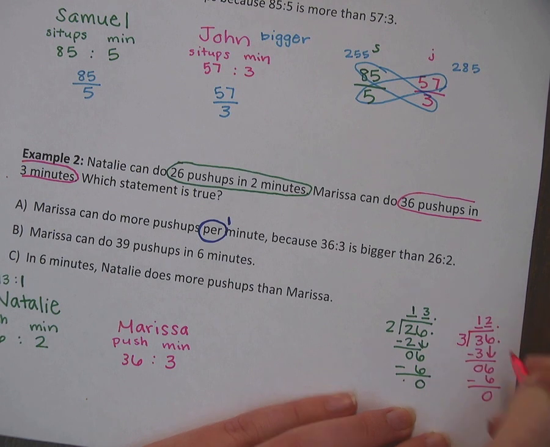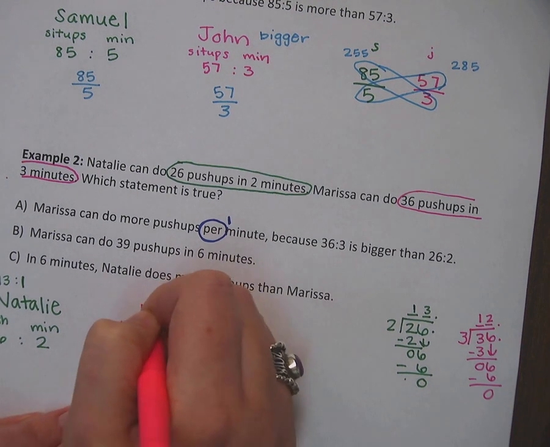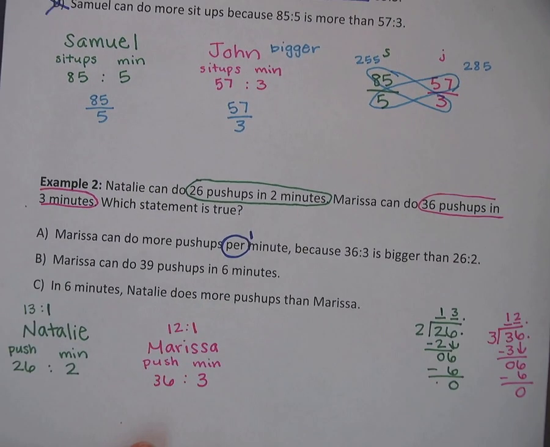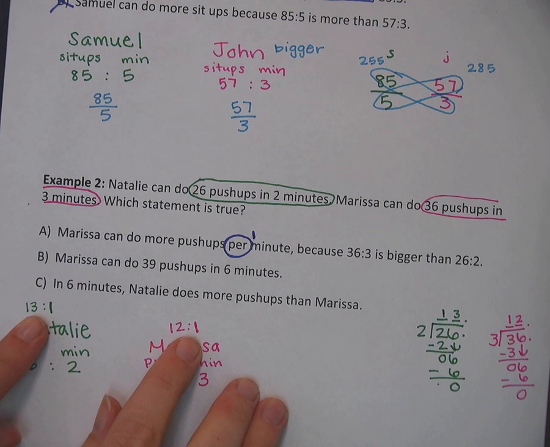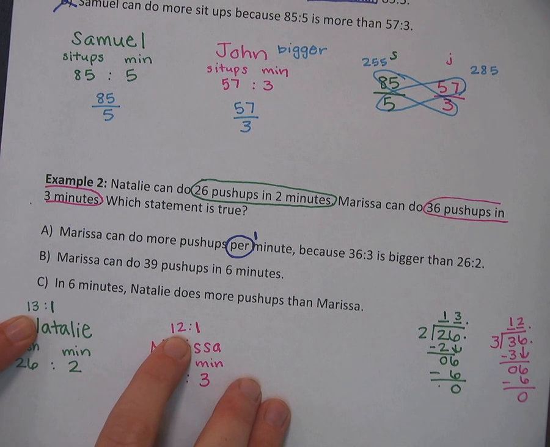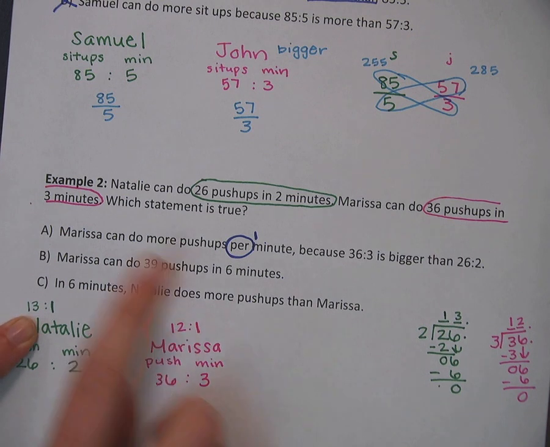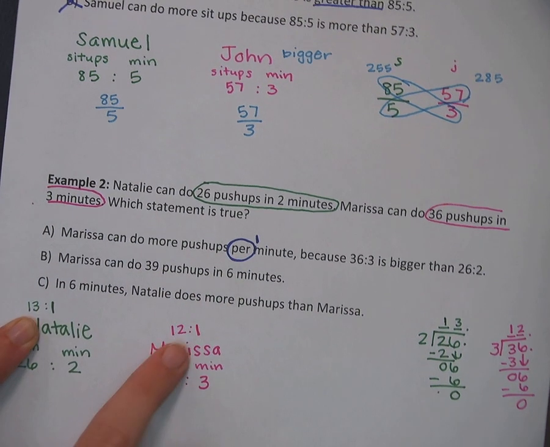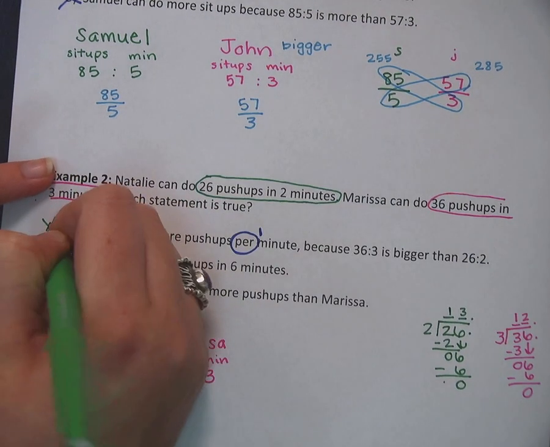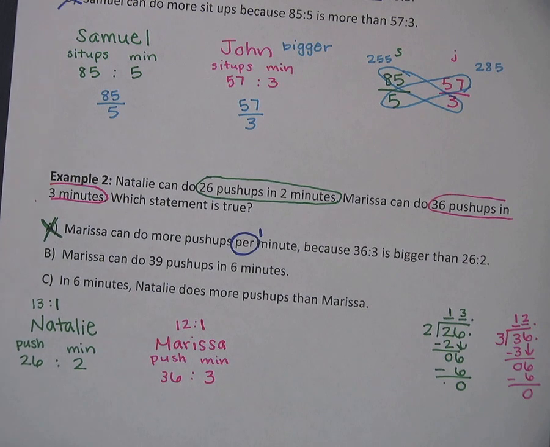So I can do 12 push-ups for 1 minute. Okay? So now that I have broken them both into 1 minute, we can see that Natalie can do more push-ups because 13 is bigger than 12. So it says Marissa can do more. We know that's not true because Natalie does more. So A is out. Okay?